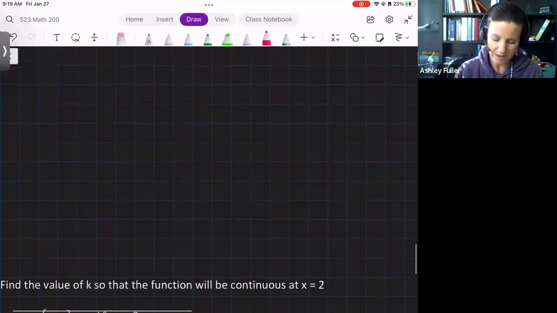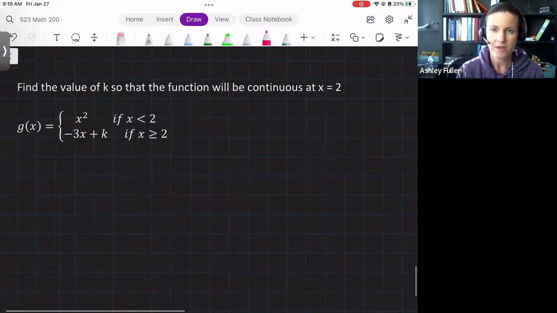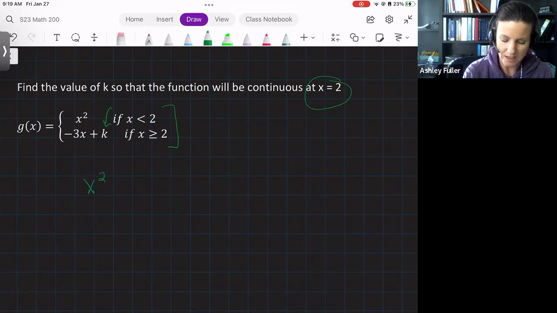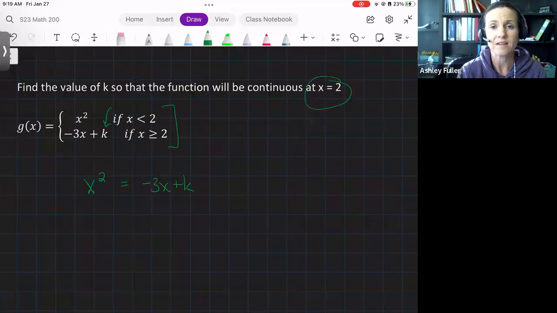And lastly, we're going to look at an example where we can help keep a function continuous. For example, in this one, we want to determine a value of k so that this function is continuous at 2. You can see that it's a piecewise function where 2 is going to be the issue. And in order for it to be continuous, we need to make sure that the right hand and the left hand limit will be equal to each other, and that the value of the function and the value of the limit will be the same.